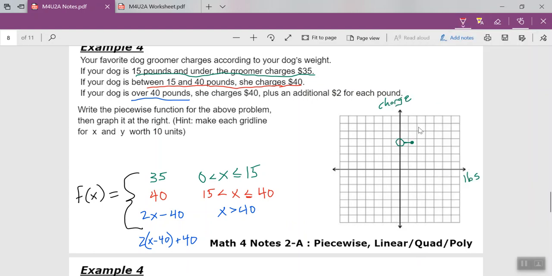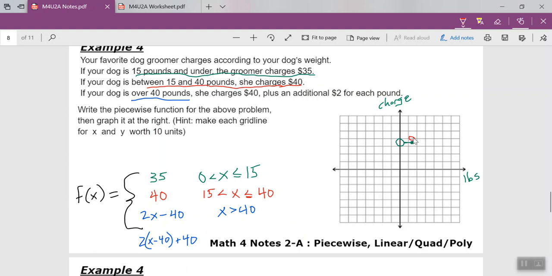Now the red part is going to move from $35 up to $40, and it is going to do this. I didn't really get it close. Let's try it again. All right, that's about as close as I'm going to get. That's on the line, on the $40 line.